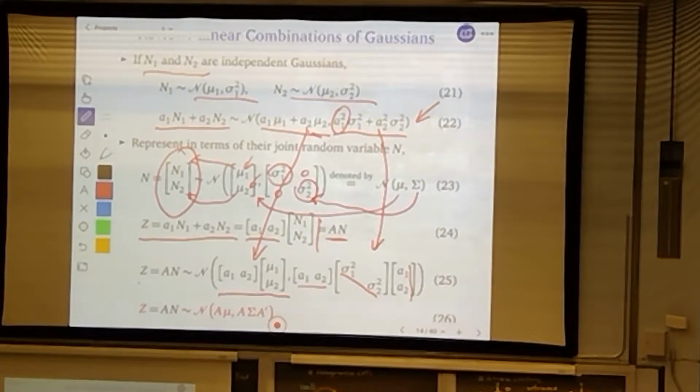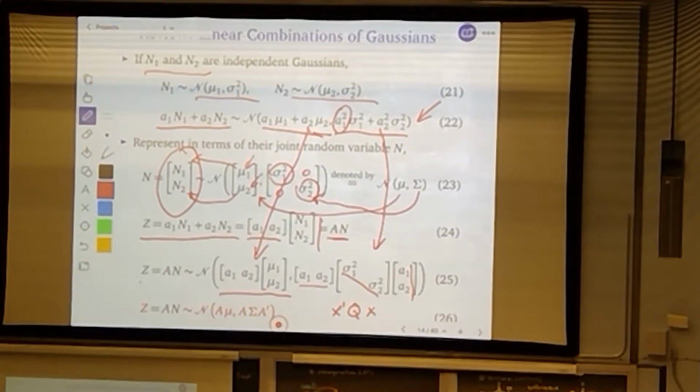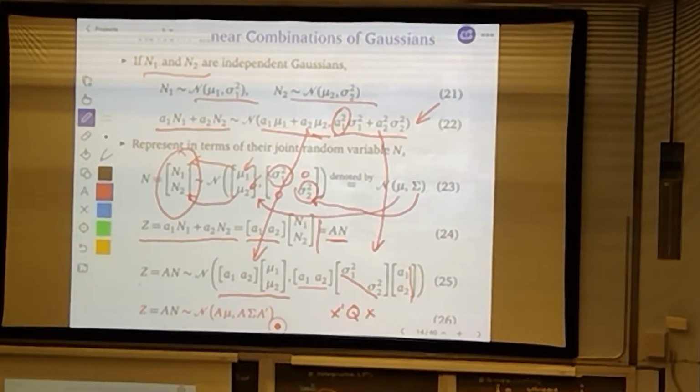If Q is my quadratic form matrix, x transpose Q x is a quadratic form, right? The diagonal terms correspond to x1 x1, x2 x2.